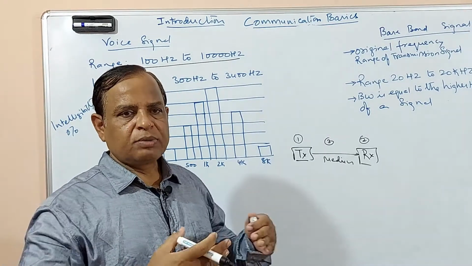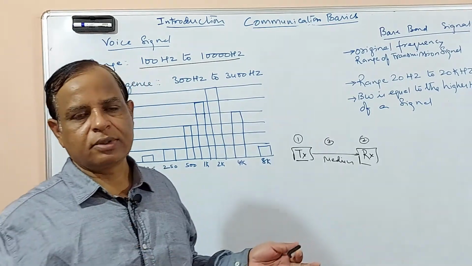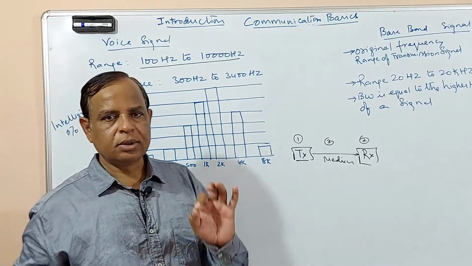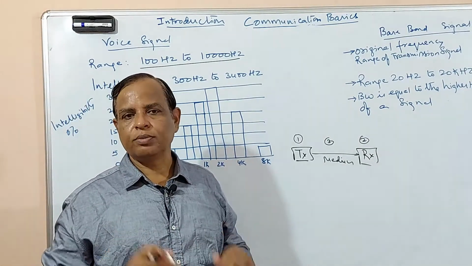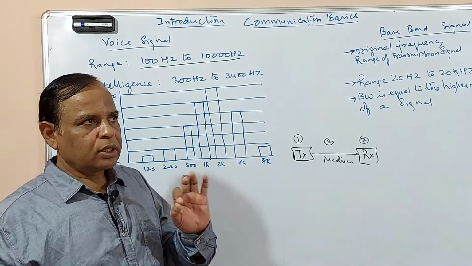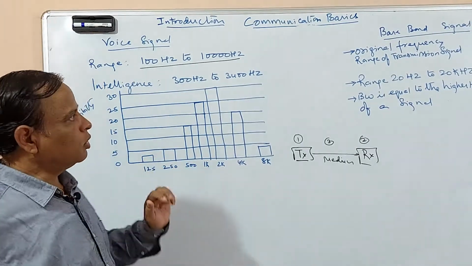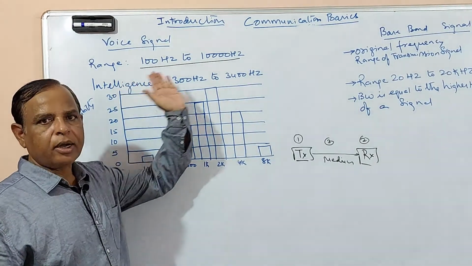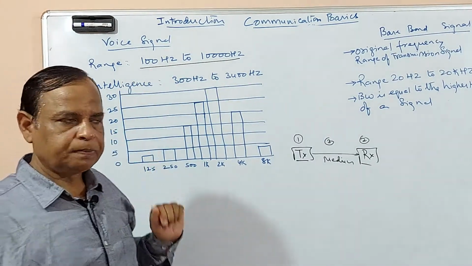Knowingly or unknowingly, when we speak we are generating many frequencies. One thing you have to understand: in communication, the term frequency is very important. That is the reason the voice signal also has many frequency components, ranging from 100 hertz to 10,000 hertz.